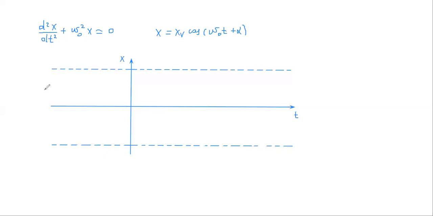So this is xv, minus xv, minus xv. Here we have 0. And the graph can be drawn in some way like this.